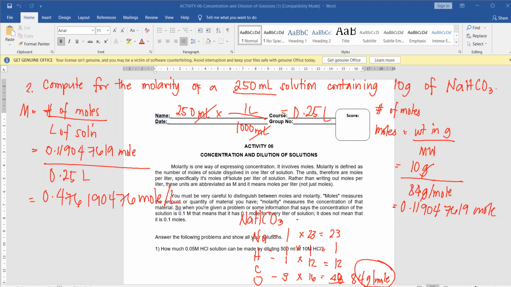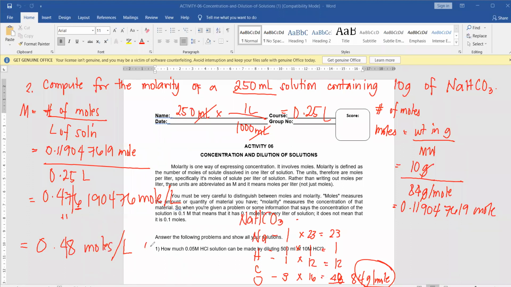And my instruction, round off your final answer to 2 decimal places. So hanggang dito ka sa 7, pero the next digit is 6. So we will add 1 there, which means that the correct answer for this is 0.48 moles per liter.